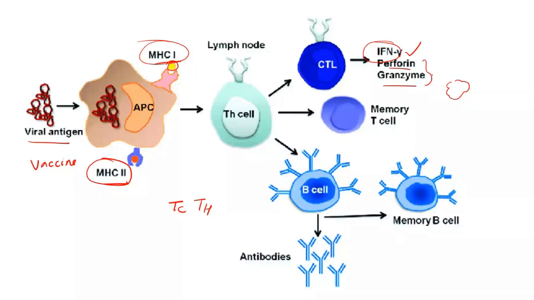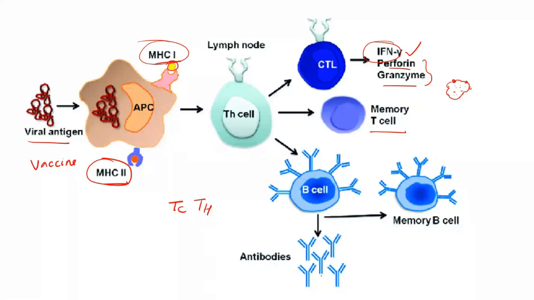Perforin means it will start making pores on the antigen. ग्रेन्जाइम means granular enzymes release करेगा, जिसकी वजह से फेगोसाइटोसिस increase होगा. And also it will lead to memory T cell. And B cell को भी activate कर रहा है to produce antibodies.